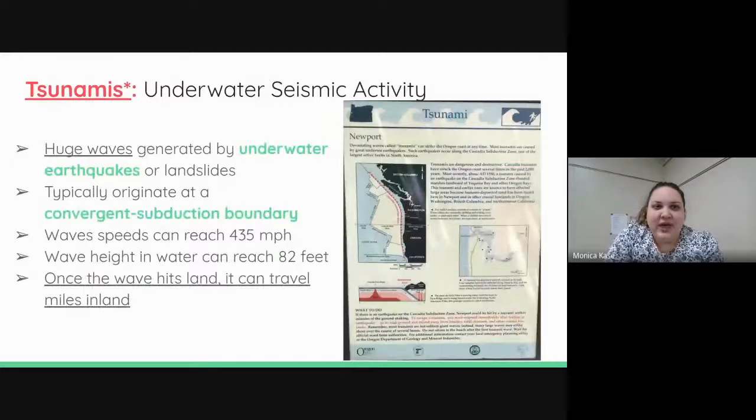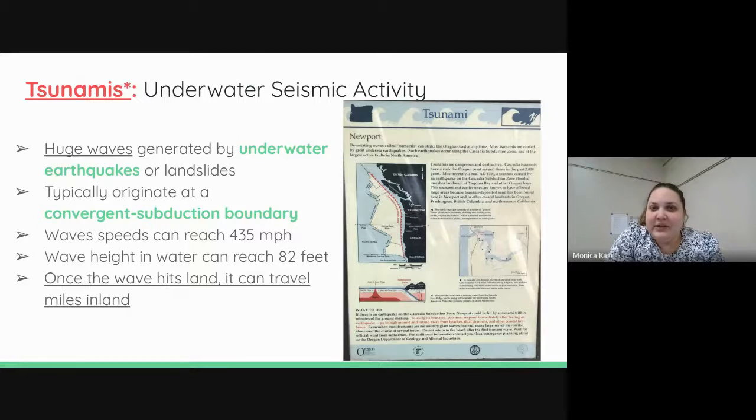So getting back to that, we've got tsunamis. This is pretty much underwater earthquakes happening. So these big waves are generated by the underwater earthquakes. They are normally coming from the convergent subduction boundary. So I know Ms. Laporte talked about that. Waves can reach 435 miles per hour.